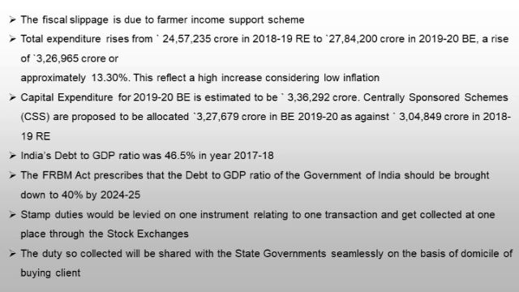India's debt to GDP ratio was 46.5, and the government is saying it will bring it to 40% by 2024-25. And the government is promising it will rationalize the stamp duties on instruments used in the stock exchanges. The scheme has not yet been announced, but it has only promised that.